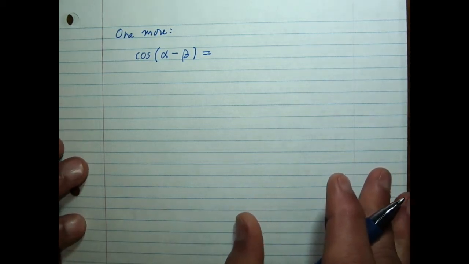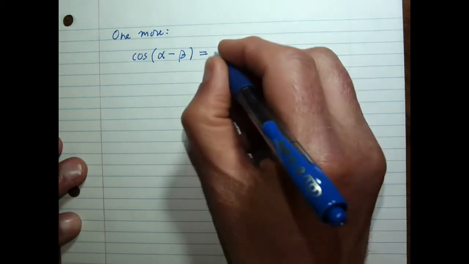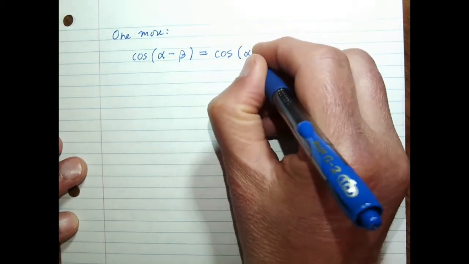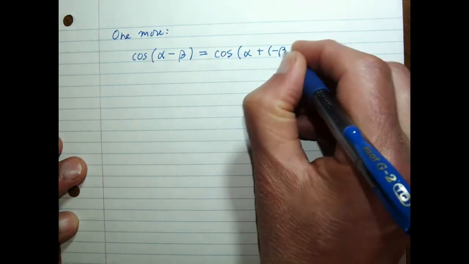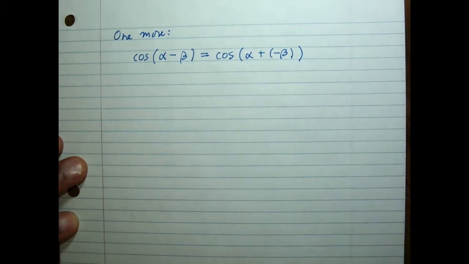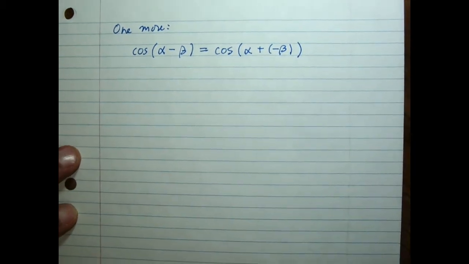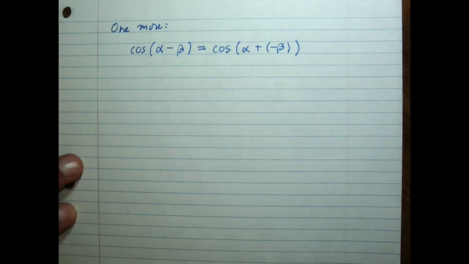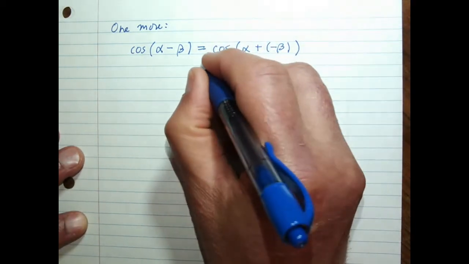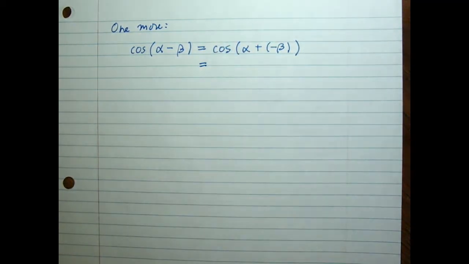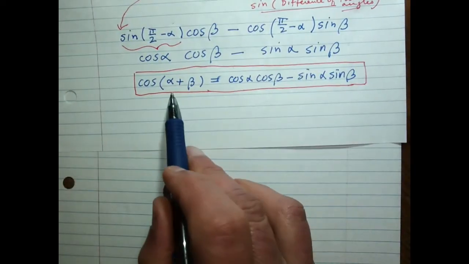So let's see, we're going to think of that as cosine of alpha plus minus beta, kind of like we're going to get the cosine of the difference from cosine of the sum, just like we got sine of the difference from sine of the sum. So I'm going to plug into what we just derived, thinking of this as a sum.